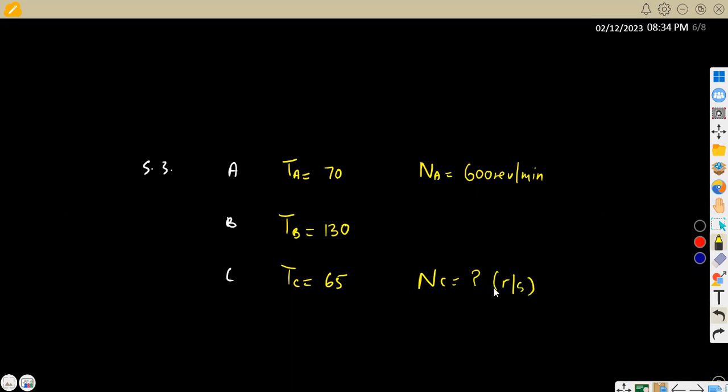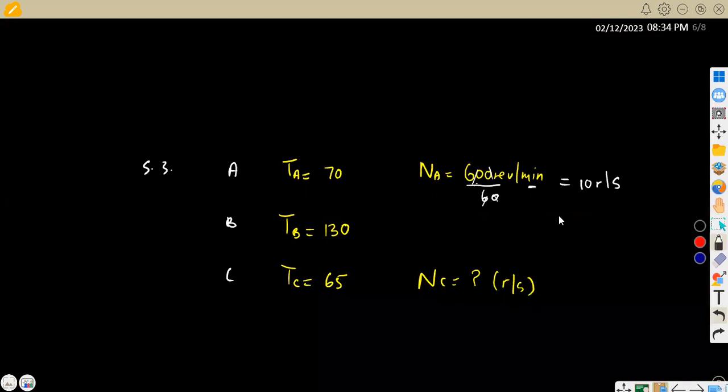So we are supposed to convert the revs per minute to revs per second. So it's per minute, where we simply have to divide by 60. So we're going to have 10 revs per second.